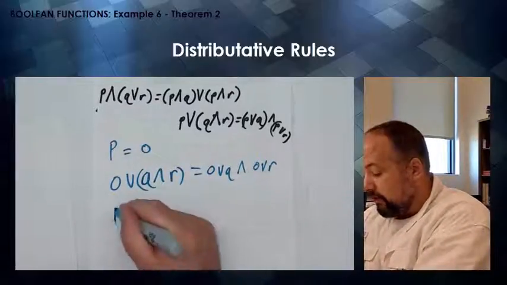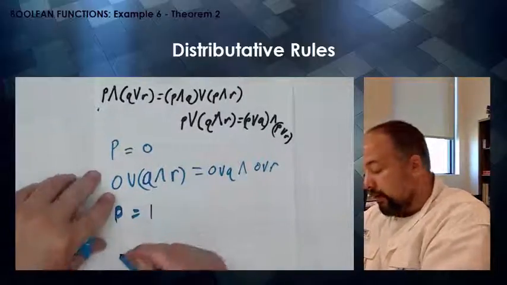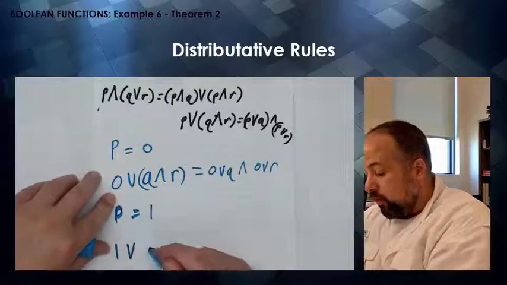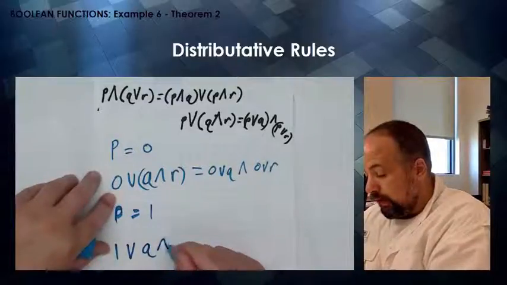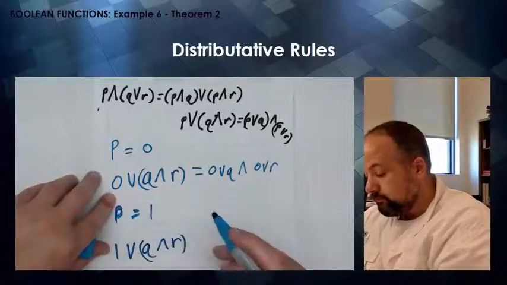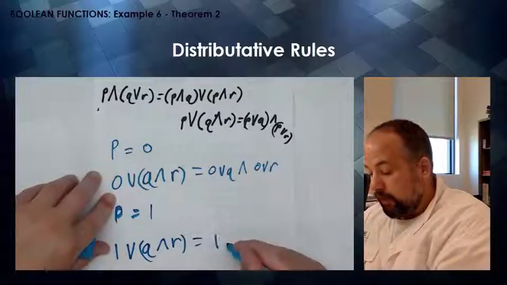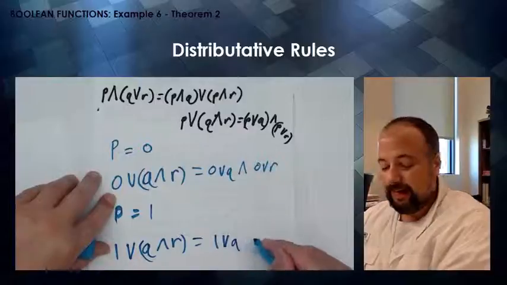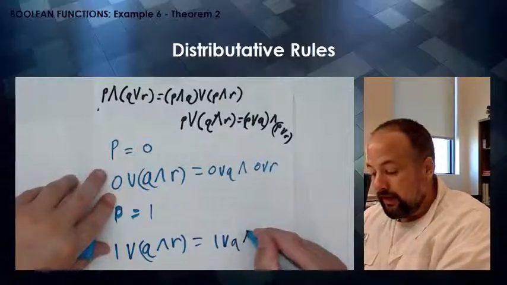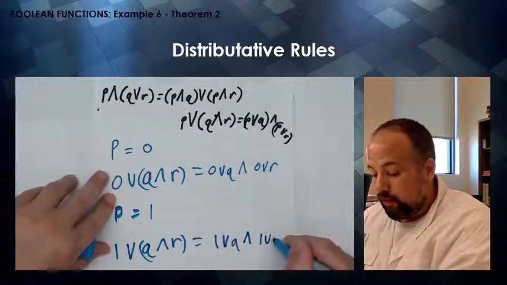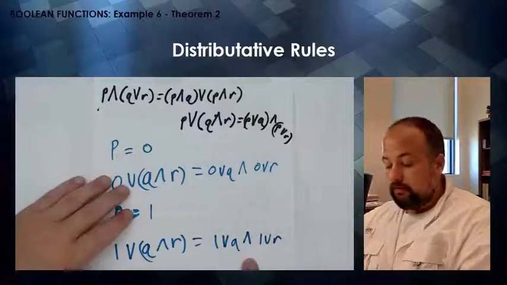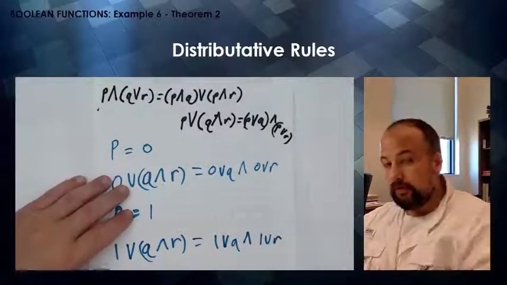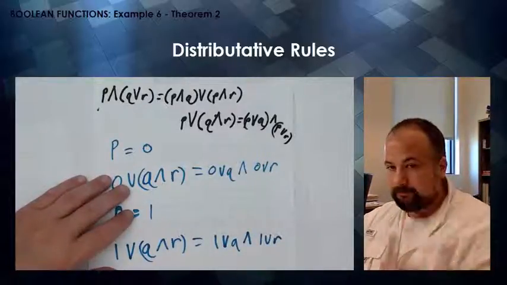But what if P equals 1? Then we have 1 or (Q and R), which equals 1, and on the other side, (1 or Q) and (1 or R). In this case, what's the output going to be?